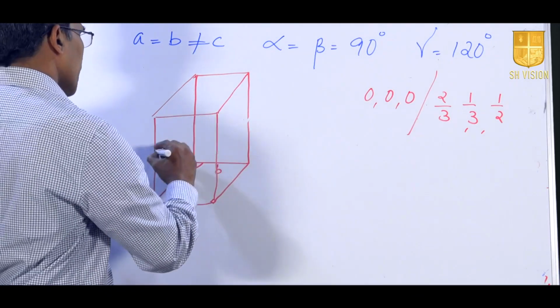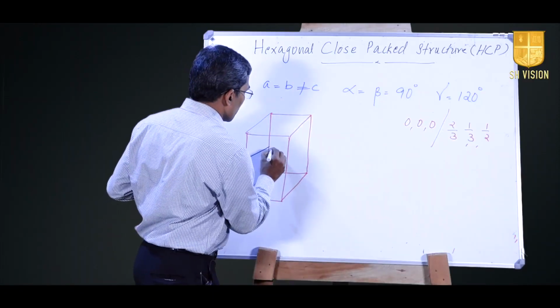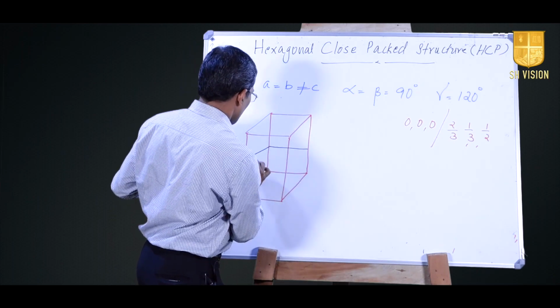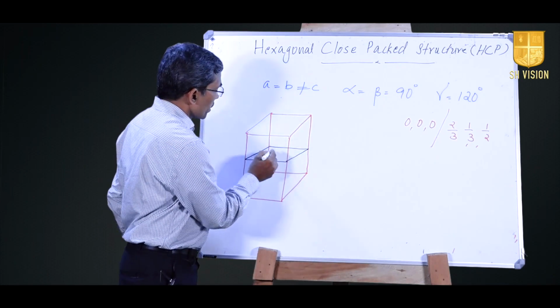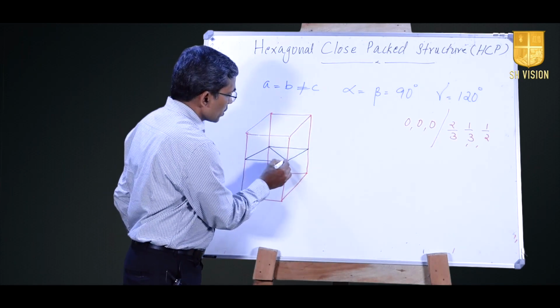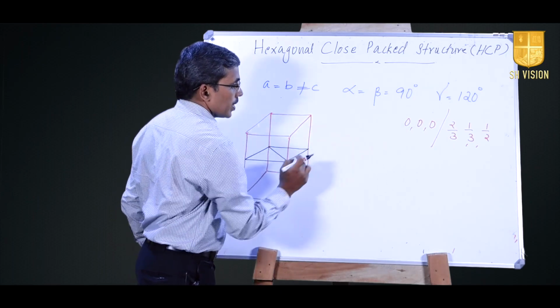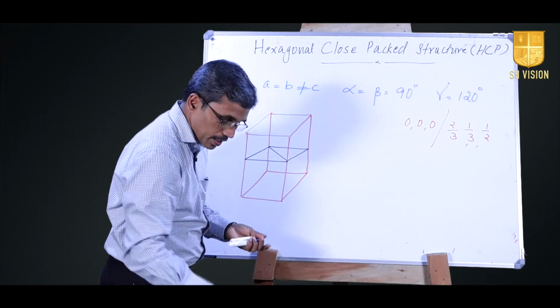If we consider exactly the middle point of a rhombus, and if I divide this rhombus into 2 halves, then I get 2 triangles, and if I take that 2/3, 1/3, 1/2, then one atom will be coming at this center point.